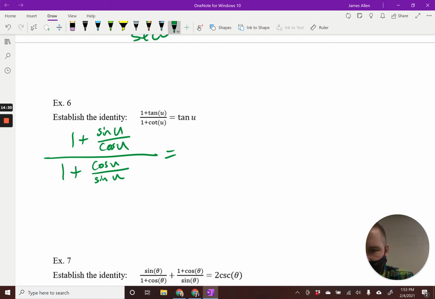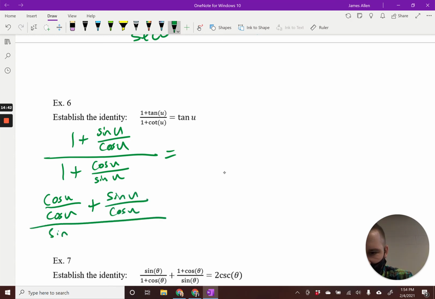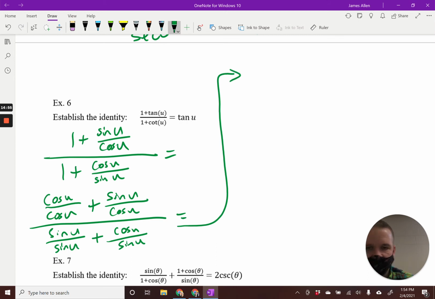Okay. So I'd have cosine over cosine for the first one, and then sine over sine. Lovely. I'm going to bring this one back way up here.